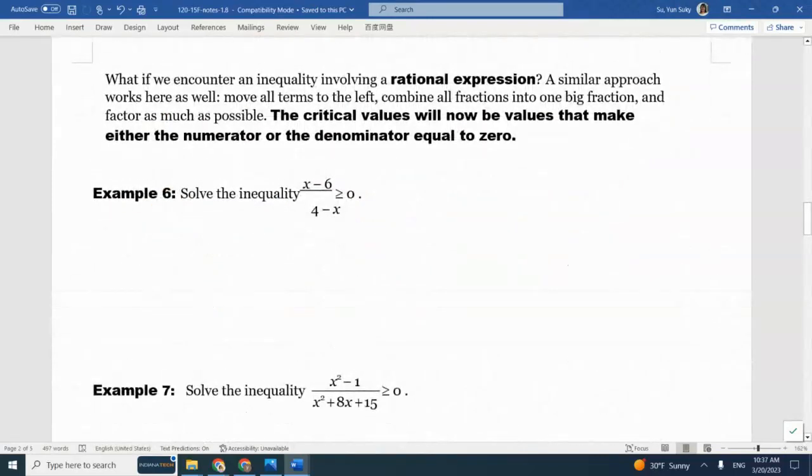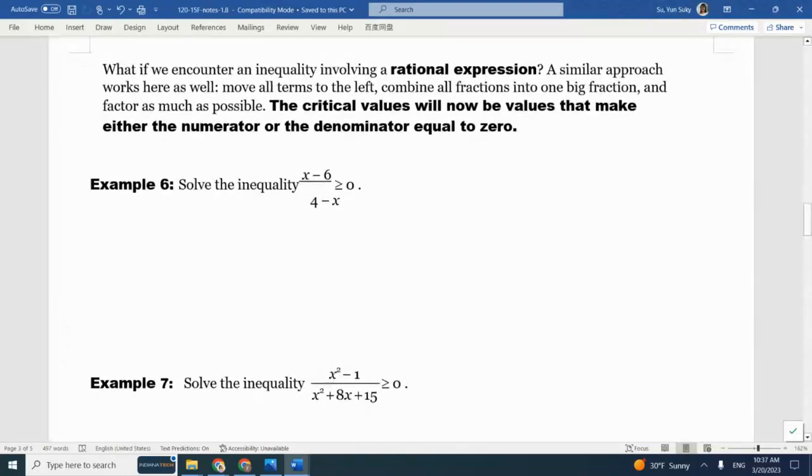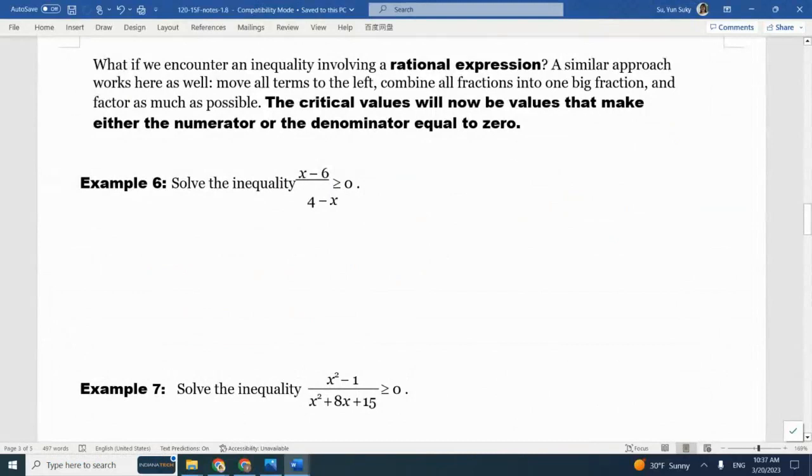So what happens if we have a rational expression? The critical values will now be the values that make the numerator or the denominator equal to 0.